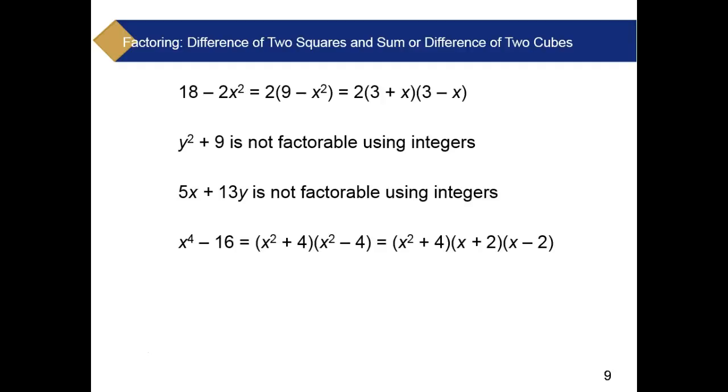Write down the first one, x squared plus 4 times x plus 2 times x minus 2. Very good. Be sure you factor the square roots of those. Any questions on those?